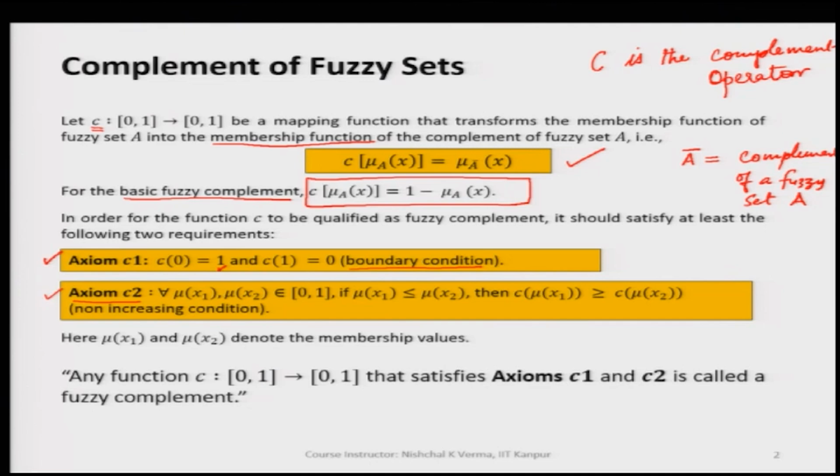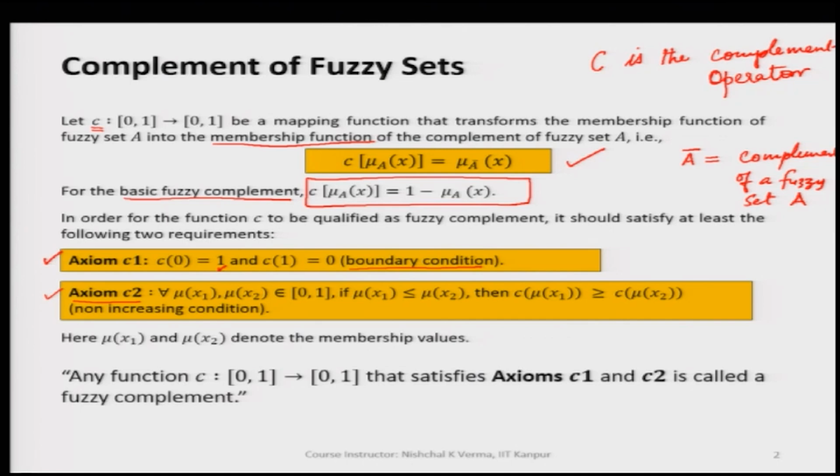So, C here is the complement operator. So, what does this mean? This means that the complement operator, or I would say the C is a complement operator. If this C is following these two axioms C1, C2, then we can say the C is a complement operator.